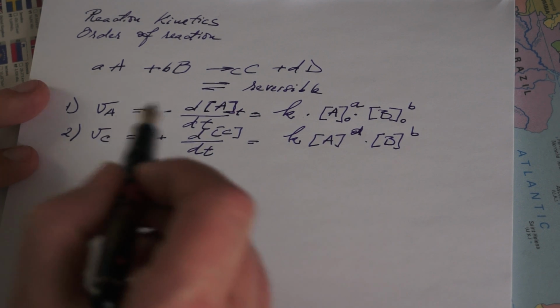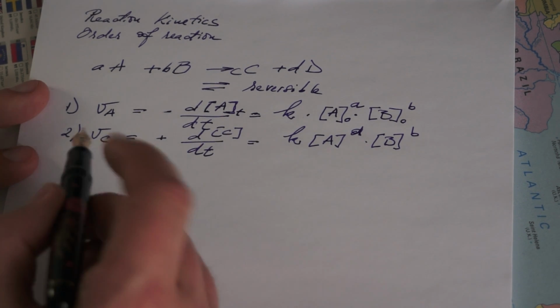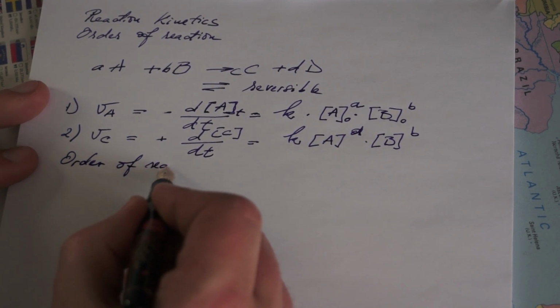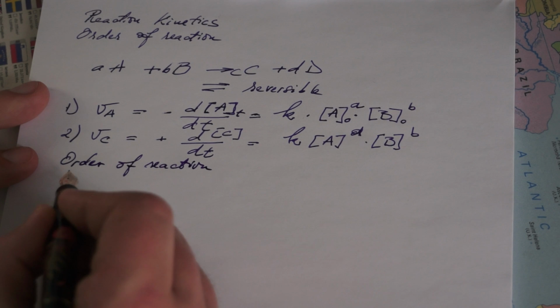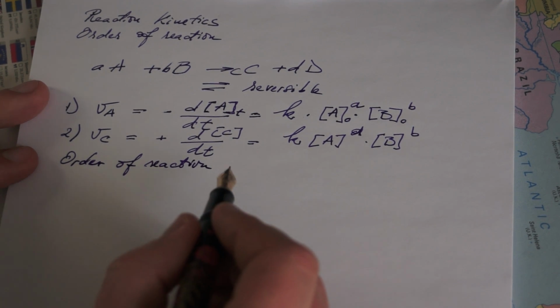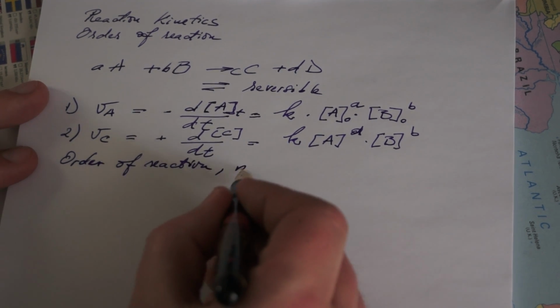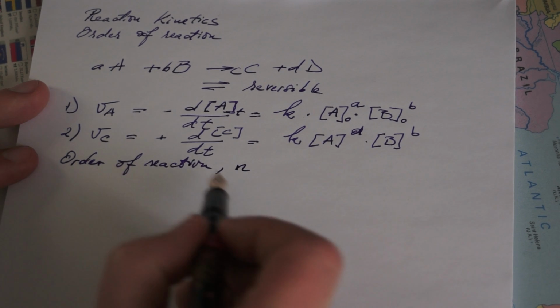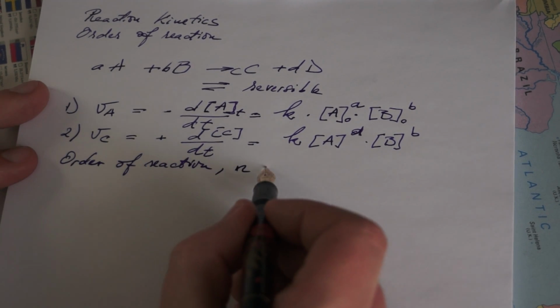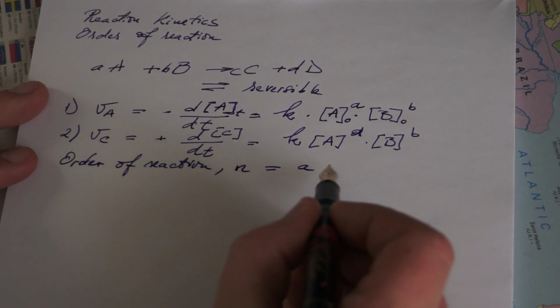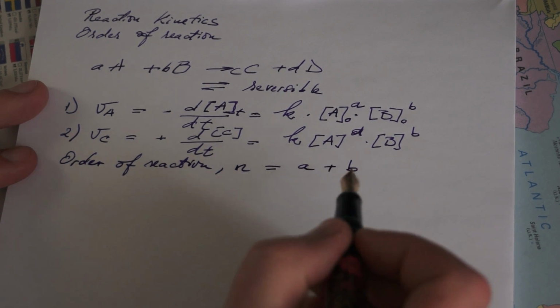Next, we are going to learn about the order of reaction. The order of the reaction is given essentially by the sum. Let's label the order of reaction with n, and it is given by the sum of the stoichiometric coefficients of the reactants, a plus b.